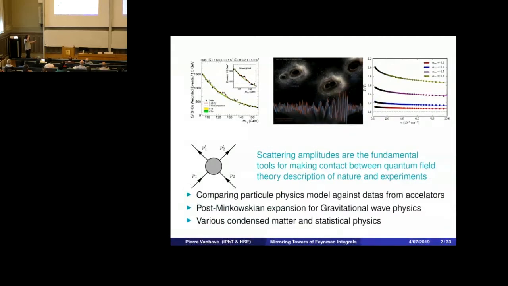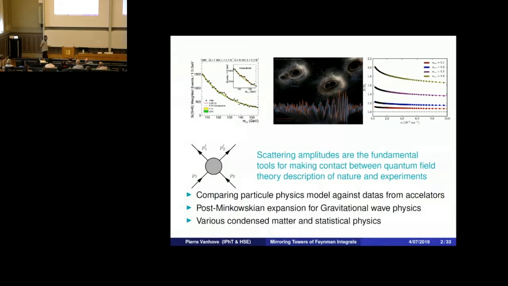So the point is that if you really want to do something useful for the gravitational wave community, you need to go to some higher loop order, and at some point you need to be able to evaluate these integrals explicitly. And as you know, computing Feynman integrals is a very complicated problem that, for particle physics and Higgs physics, people have looked at a lot, or even in solid state physics.